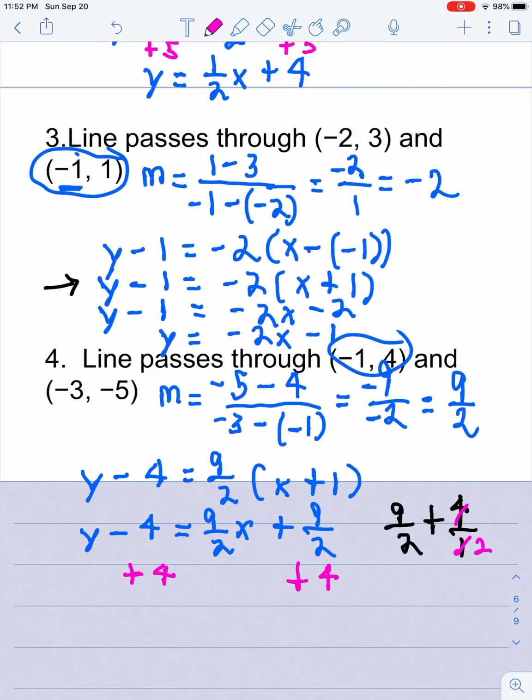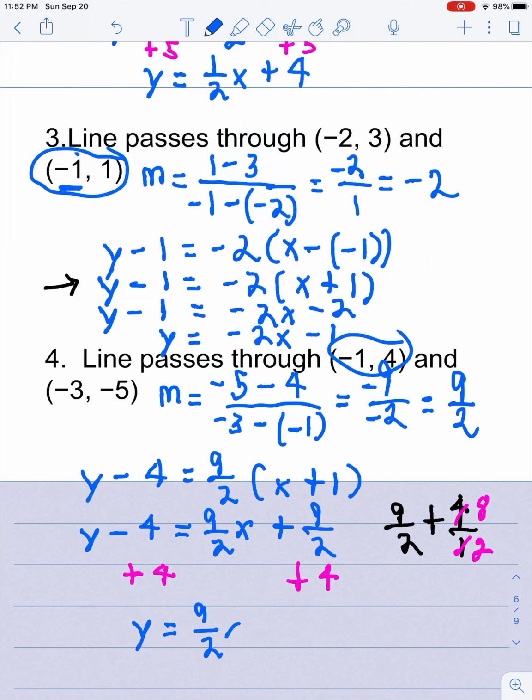If I multiply the denominator by 2, I've got to multiply the numerator by 2. This is an 8 over 2. And so it looks like we're going to get y equals 9 halves x plus 17 halves. Good. Hopefully you got that answer and you're good to go.